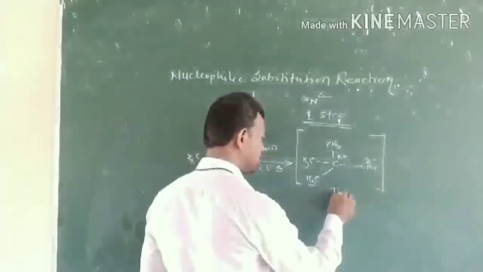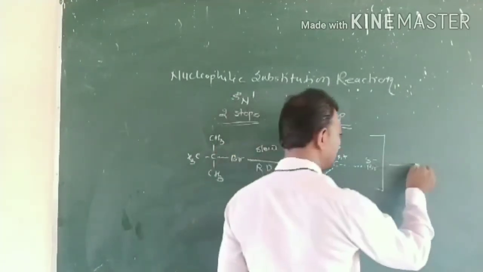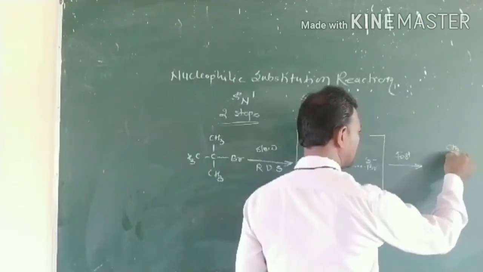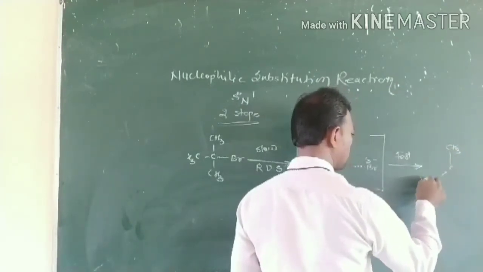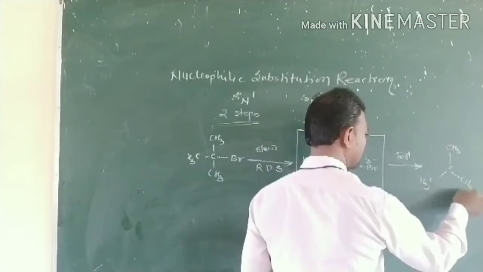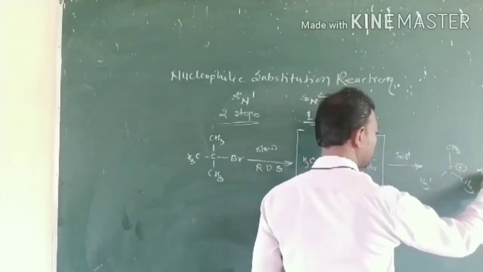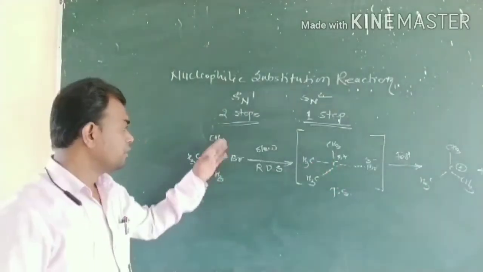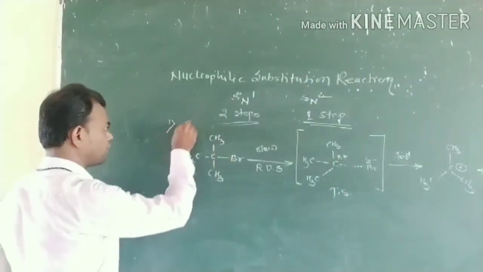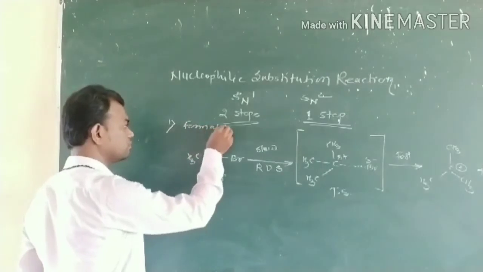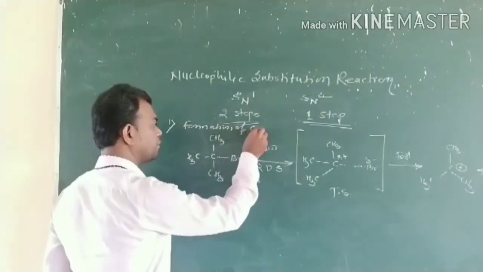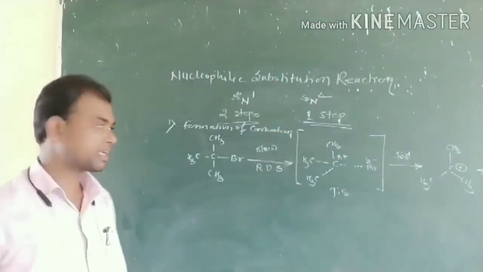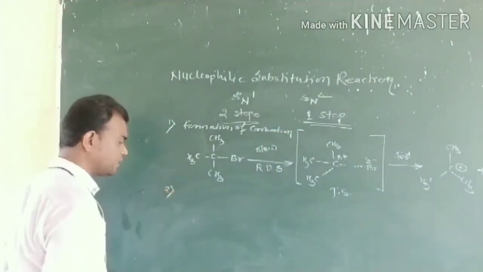That is the first transition state, and finally it forms the carbocation, that is the tertiary carbocation, like CH3 C positive plus Br negative. Okay, that is the first step product, that is formation of carbocation.